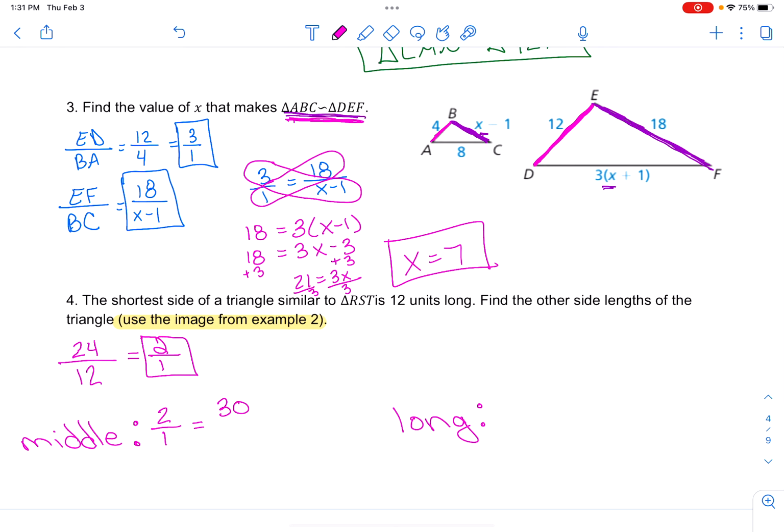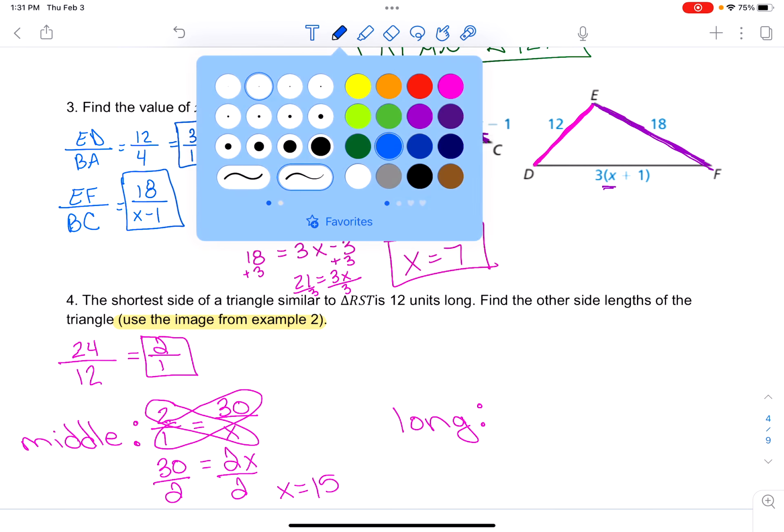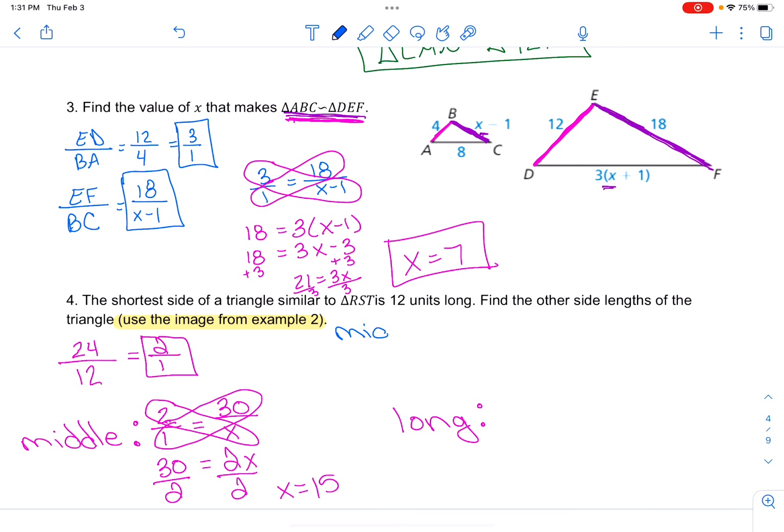So we are going to use the middle RST length over the middle unknown length for this other triangle. We do our cross multiplying. So we get 30 equals 2x. And divide both sides by 2. So our middle length is 15.